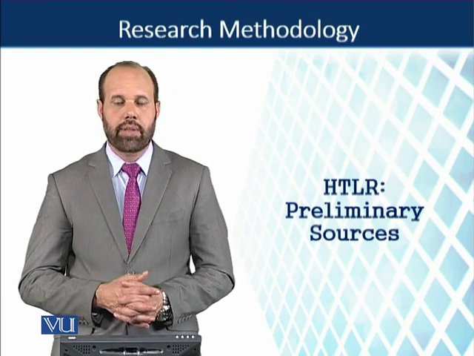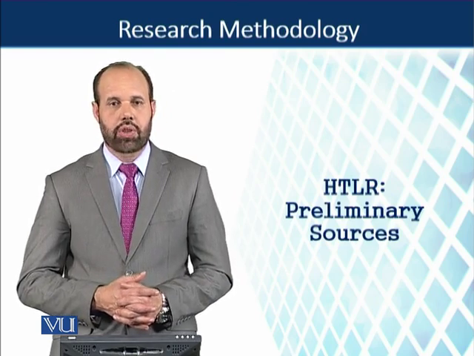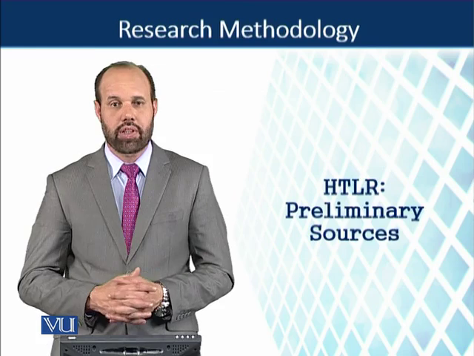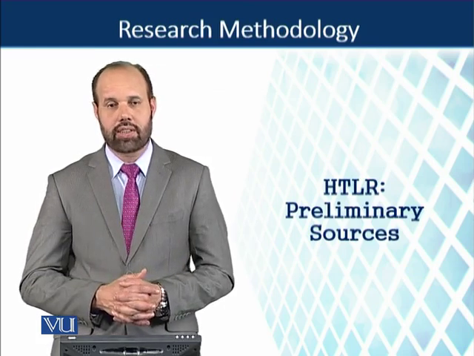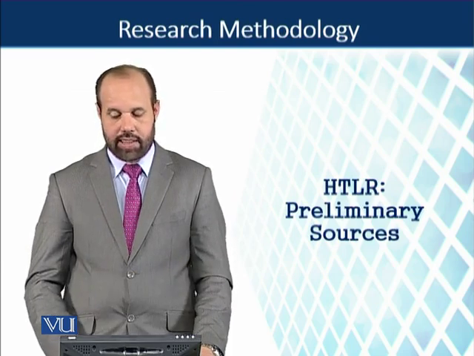Preliminary sources are basically those sources which are now, thanks to internet and computer, available in databases and electronic databases, and we can easily access them. The point is that we must know what preliminary sources are and how we can access them for the sake of answering our research questions.